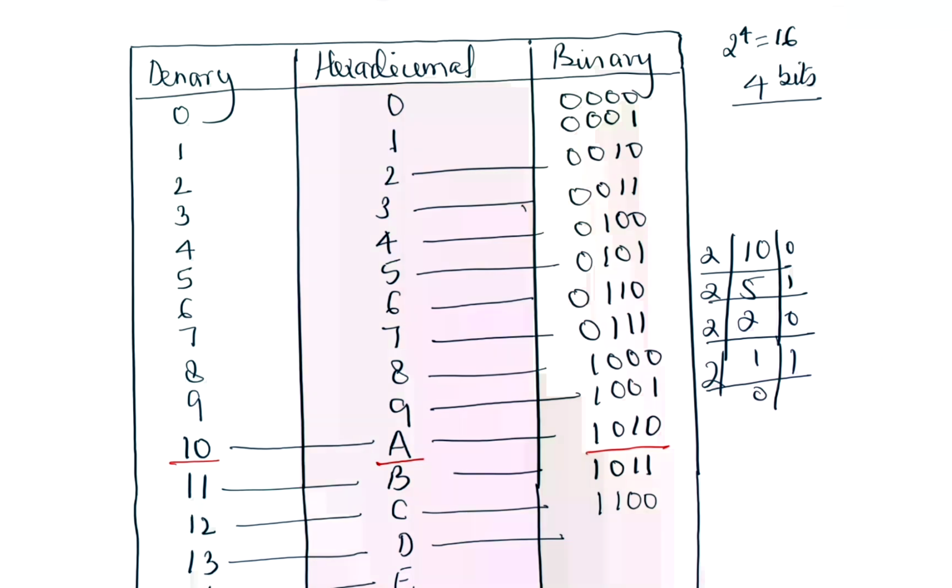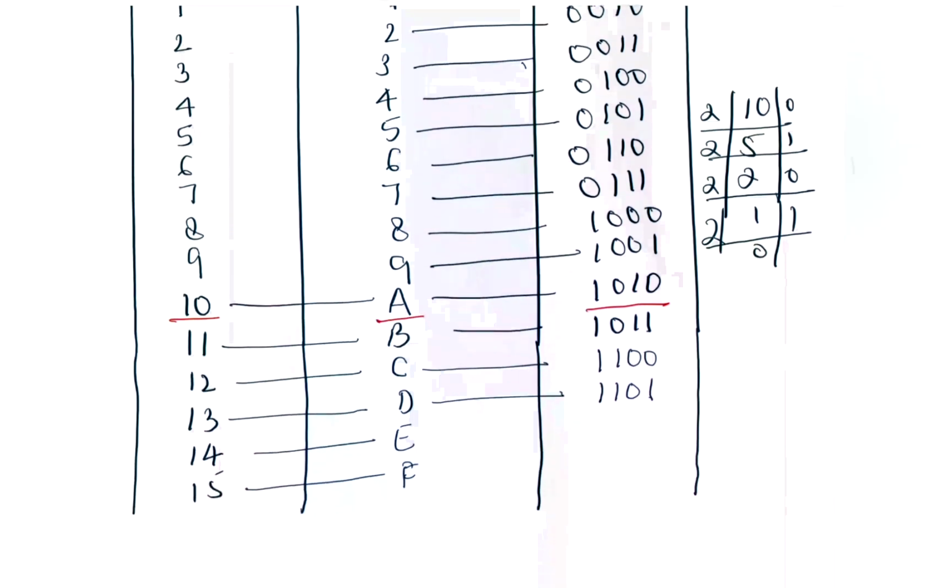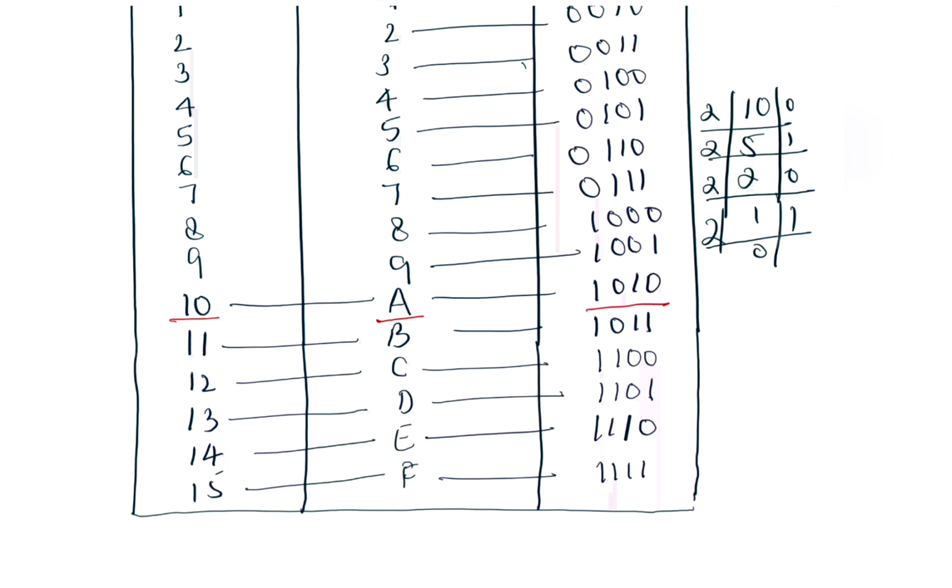To avoid making mistakes, you could just call it that way. So D is read as 1 1 0 1, and then E is represented by 1 1 1 and 0, and F is represented by 4 times 1. So this completes the relationship between the decimal, hexadecimal and binary.